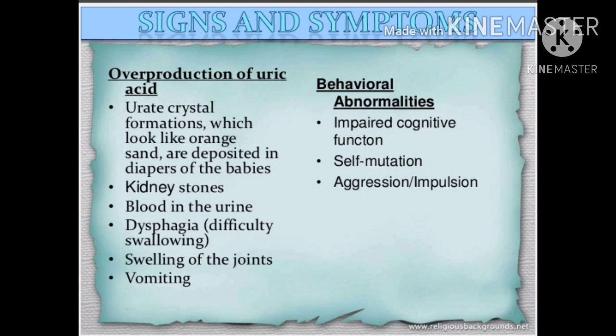And the behavioral abnormalities exhibited by those individuals include impaired cognitive function, ill-developed cognitive function. Then the most visible symptom, namely self-mutilation, self-harming. Then aggression, impulsion, like that.